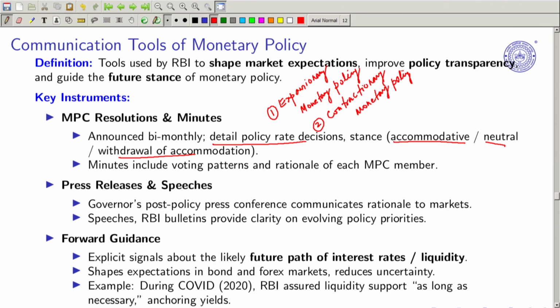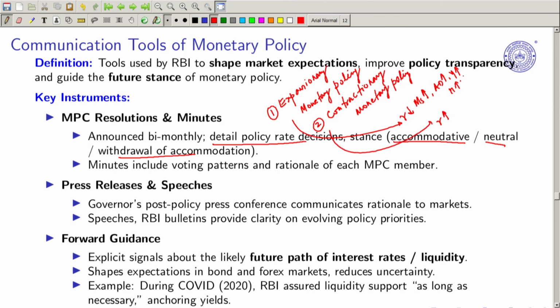Under this, what we are trying to see is that under expansionary monetary policy, when the rate of interest comes down, your money supply increases. As a result, you see aggregate demand increasing, and as a result, you see aggregate output increasing, and this could be at the cost of higher inflation.